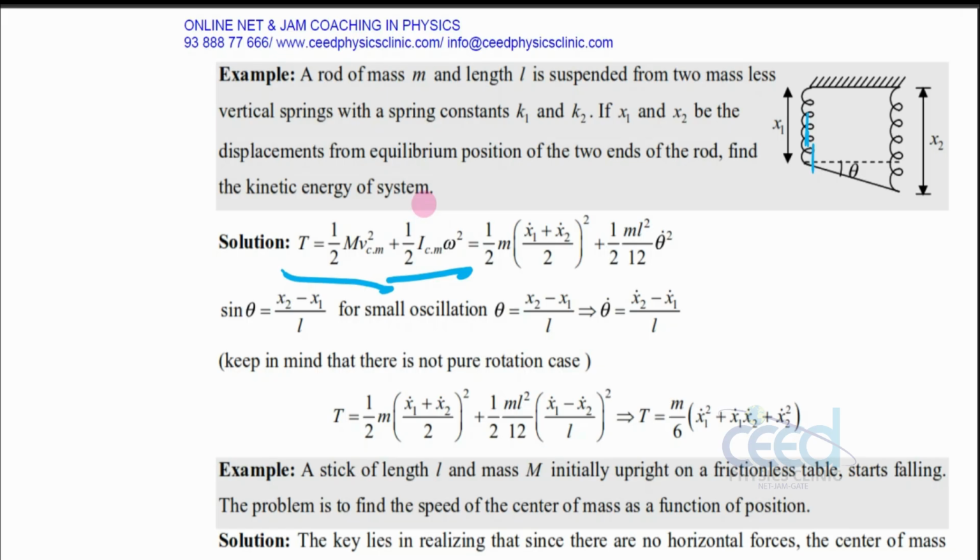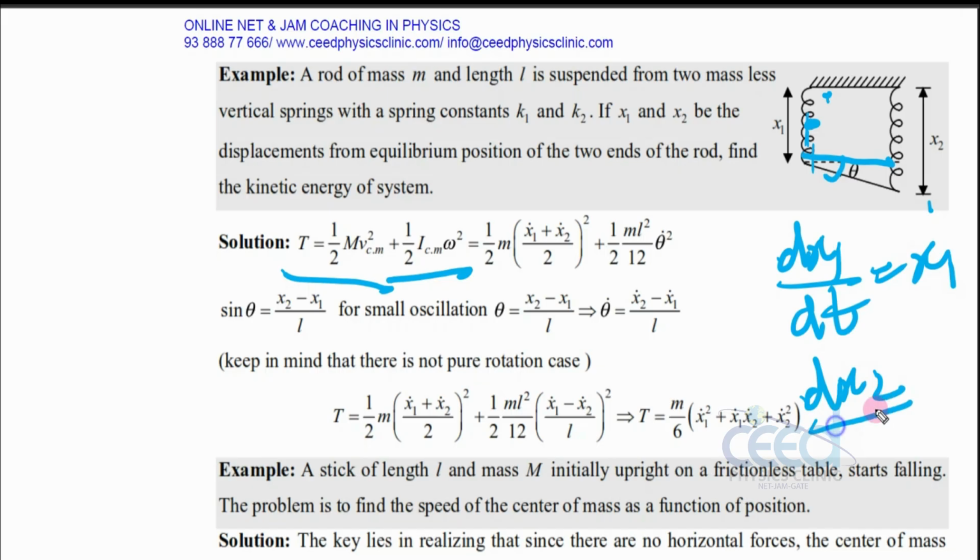Now half m into the velocity. Suppose the x1 coordinate is here and the x2 coordinate is there, for both springs, and the rod is inclined by an angle theta. So what is the velocity? For the first spring, dx1 by dt, that is x1 dot, and dx2 by dt, that is the second spring velocity, x2 dot.